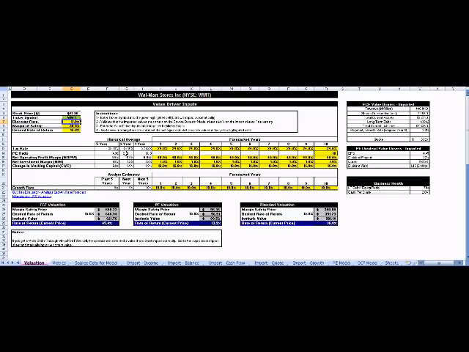To try to make things simple for you, using historical financial data, I've calculated the 5-year, 3-year, and 1-year historical averages. What you're looking for is companies that are growing very consistently and have a very consistent business model. In this case, you can see that Walmart is very consistent.